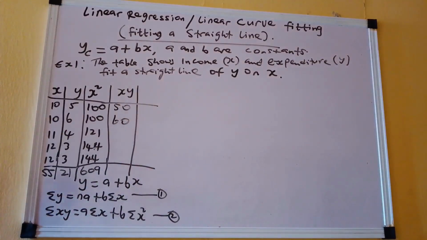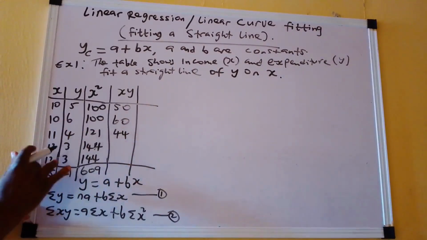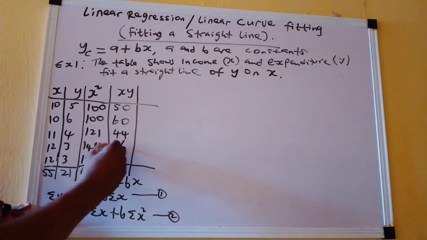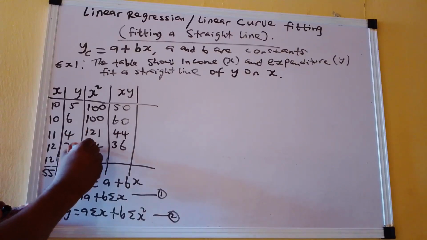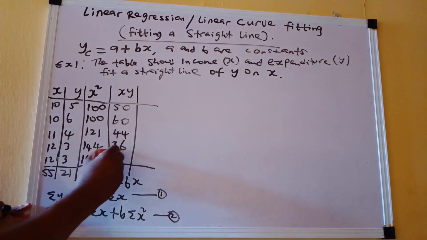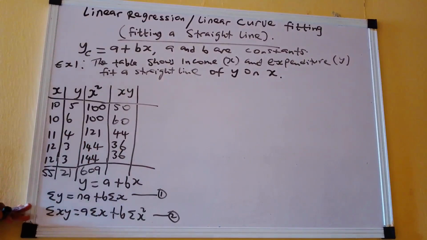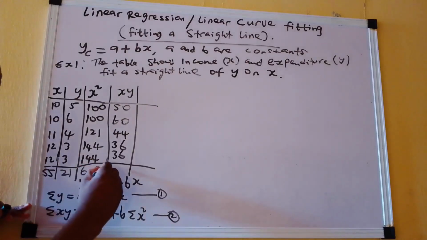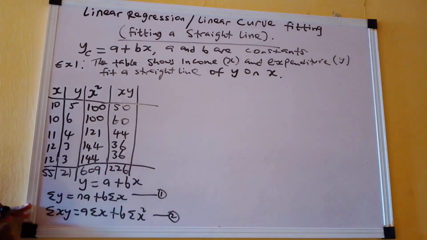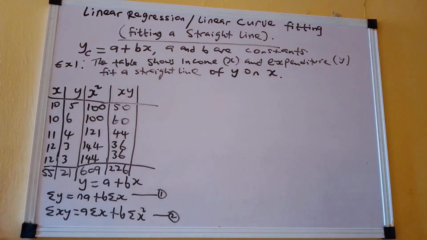Then 11 by 4 is 44. 12 by 3, 36. So you say 50 plus 60 plus 44 plus 36 plus 36 is 226. Now we have been able to get that.